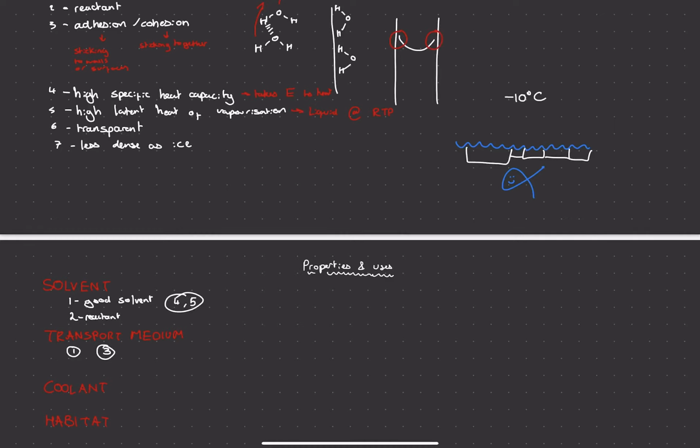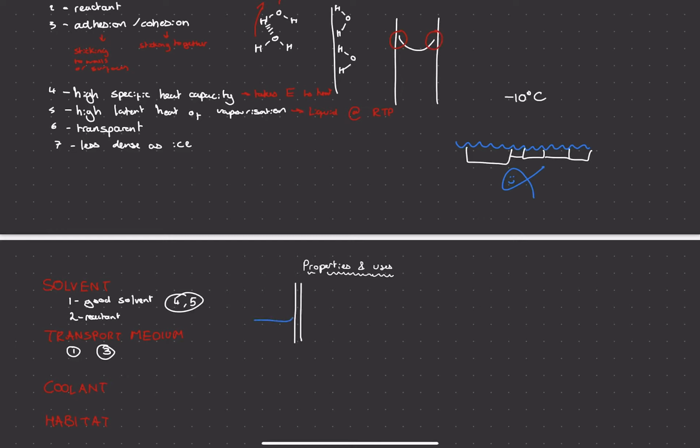So water sticks to the walls of how the tree transports water, in what's called the xylem. So water sticks to the side of the xylem, and it gets pulled up by adhesion and cohesion. And there's a special word for when we have water in a very thin tube and it gets pulled up along the walls, and this is called capillary action.